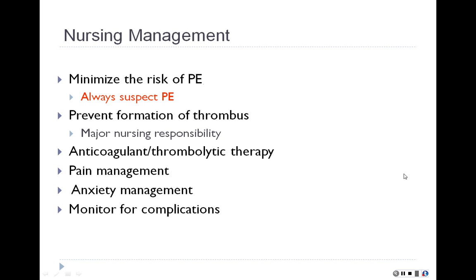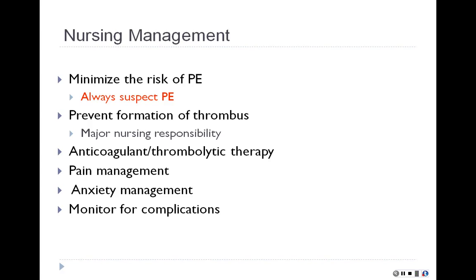So we want to minimize the risk of patients having them, and when somebody starts giving you some vague symptoms, like my legs hurting and all, we need to check it out. Absolutely, because patients in the hospital are very prone to it. So that's very much a major nursing responsibility, to help prevent.